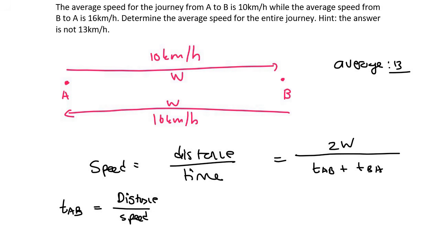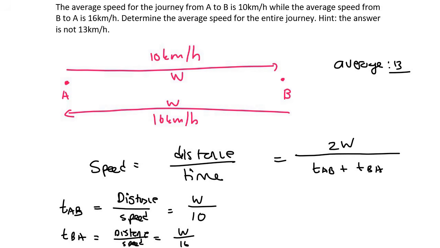So for AB only, it's going to be W over the speed, which was 10. Now your time from B to A is also distance over speed, so that's going to be W over 16.